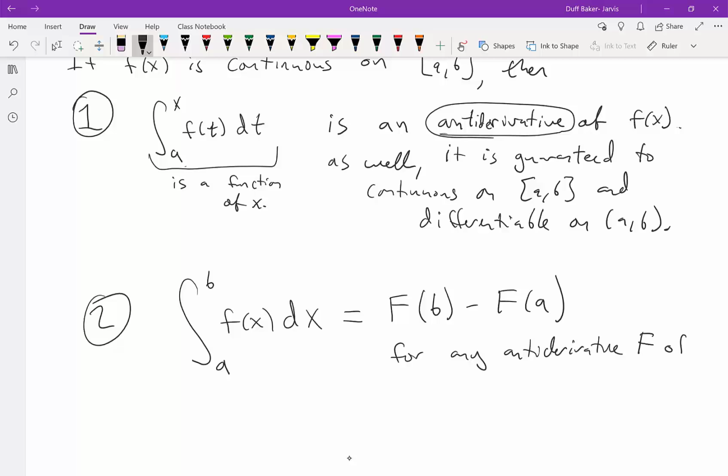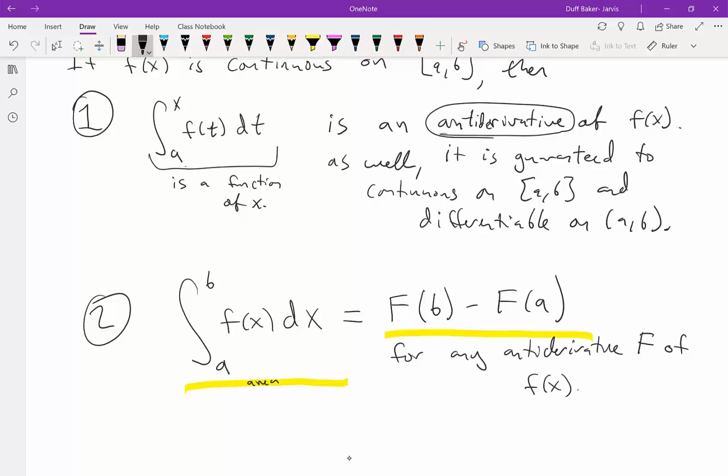Capital F of. So that's exactly what this is saying. This is saying the left-hand side is the area. This is the area. And this part here is the net change.